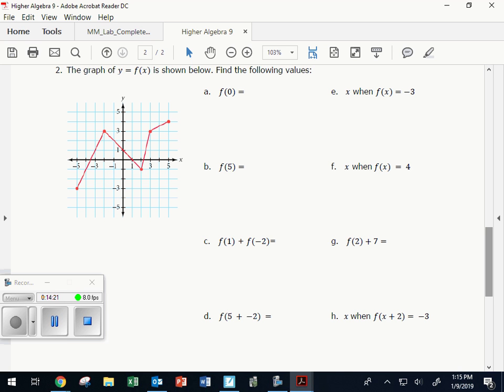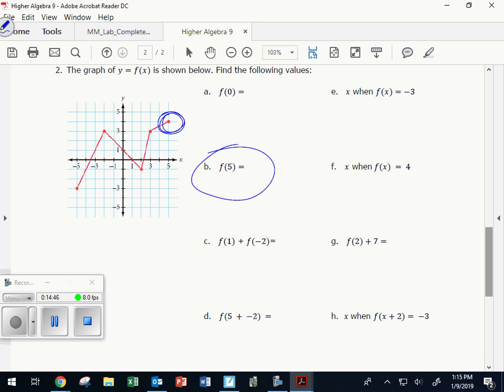Would you please find on the graph what I mean by saying f of 5? And just put a little dot there or something. If you don't have your iPad, you can just look on the board here and find, when I said f of 5, what point did I mean? Are you looking at this point right here?